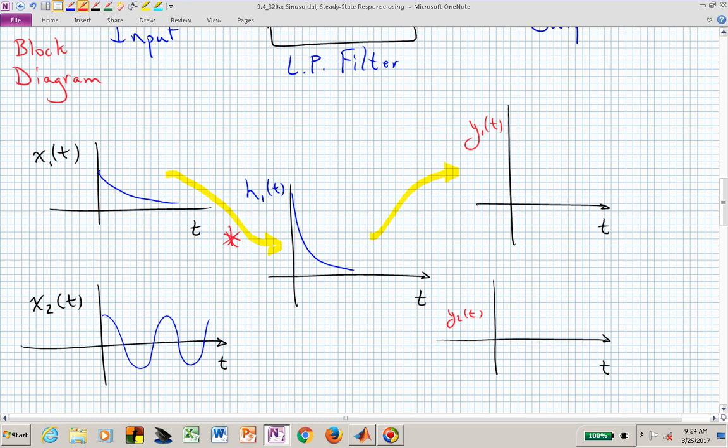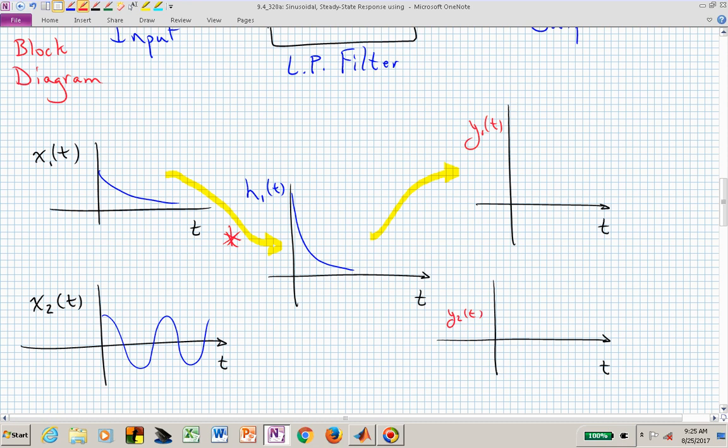And what's the output going to do? Well, if the impulse response was a pure impulse function, and we know what that is, that's this infinitely tall peak with an area underneath that peak of 1. If h sub 1 of t was an ideal impulse function, then y of t would look exactly like x sub 1.